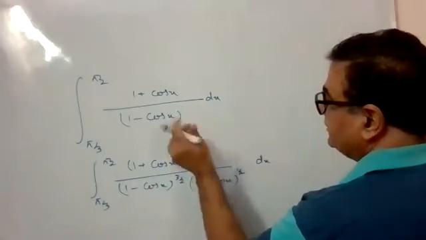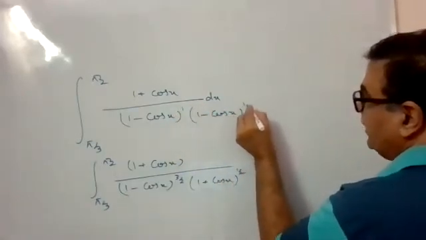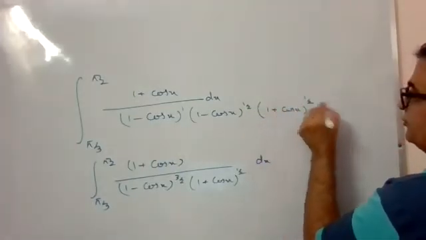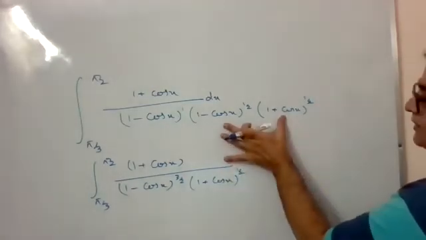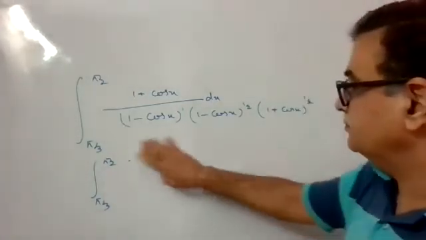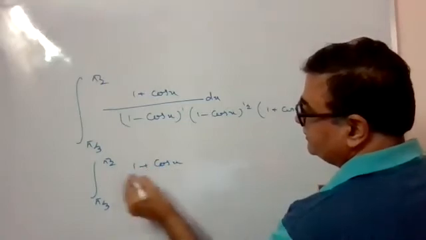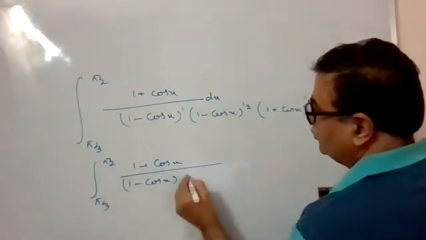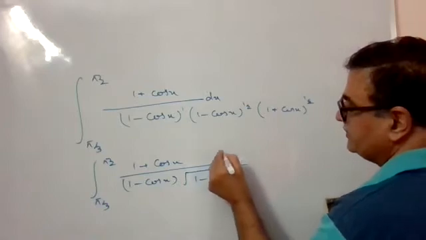So can I write this as (1 minus cos x) power 1 into (1 minus cos x) power half, and (1 plus cos x) power half. This will become under root 1 minus cos square x. 1 plus cos x is here, and 1 minus cos x is left, and this will come out to be under root 1 minus cos square x dx.